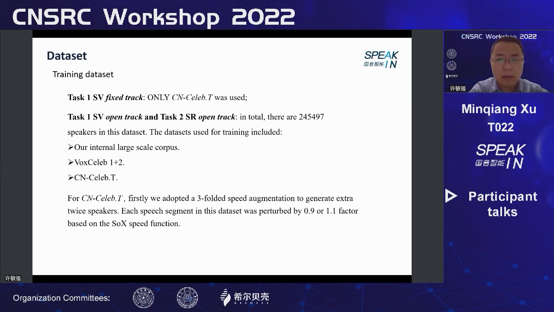So the total number of speakers is about 245,000. For CN-Celeb, we apply a threefold speed perturbation to generate extra twice speakers by using the SoX tools.